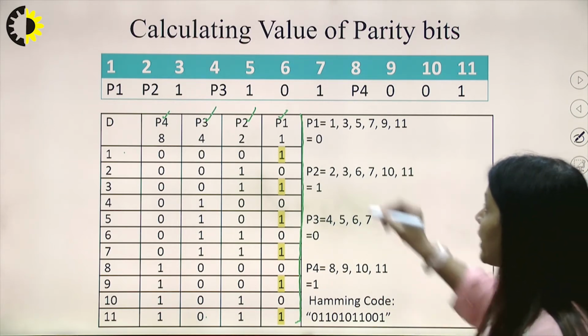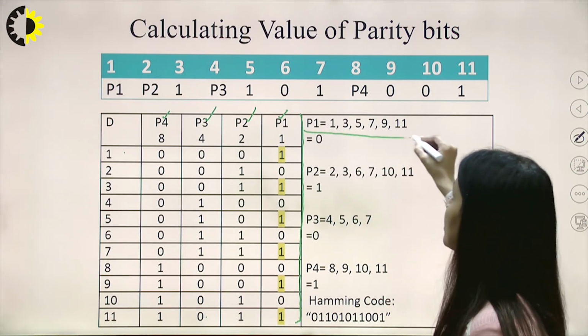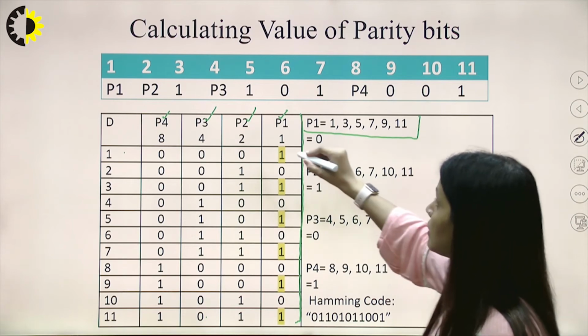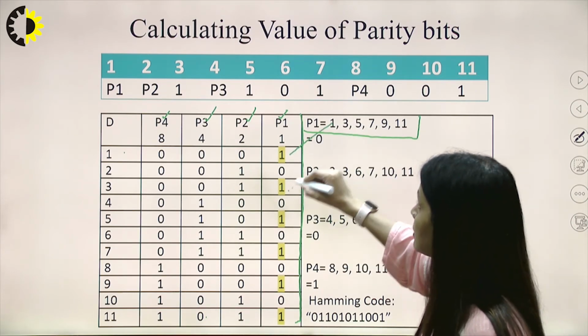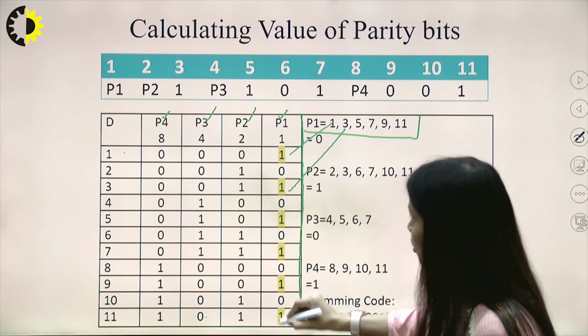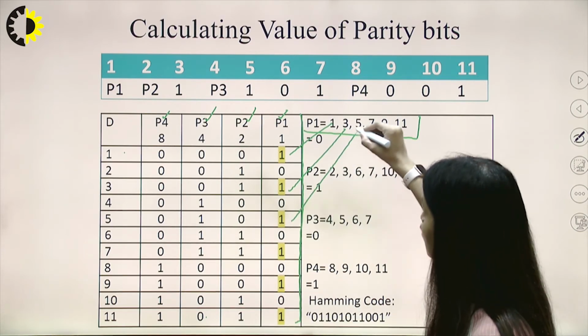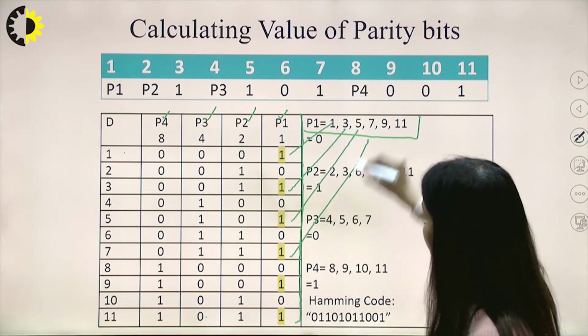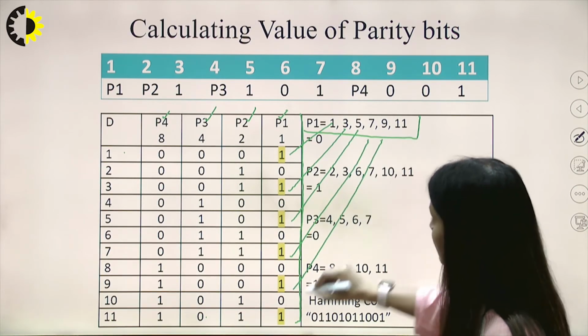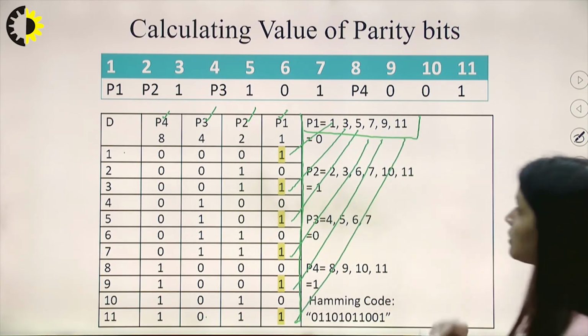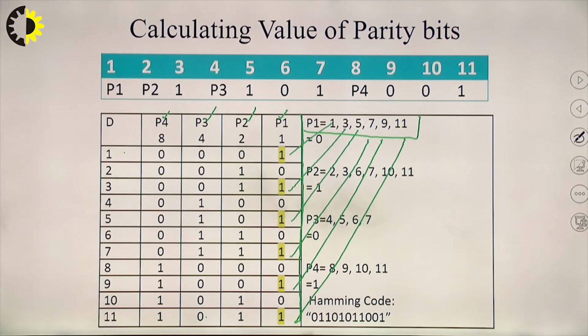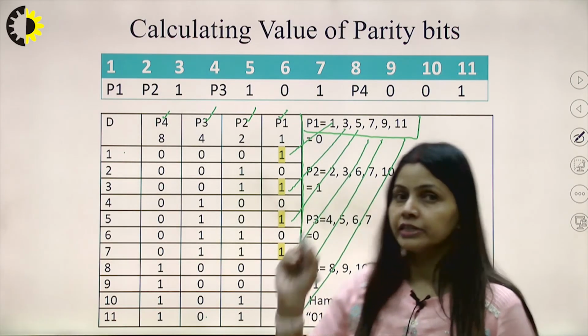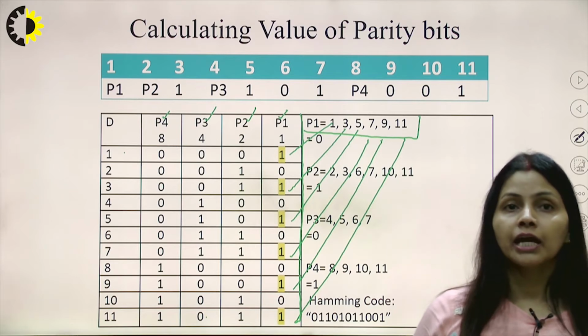So first I will write P1. P1, how will I write? Location 1, 3. In the P1 column, wherever the 1 bits are occurring like this. Okay, right? So I have just written 1, 3, 5, 7, 9, 11.